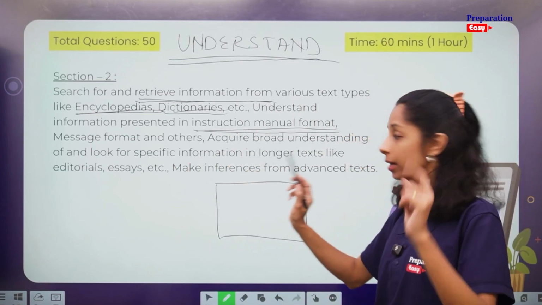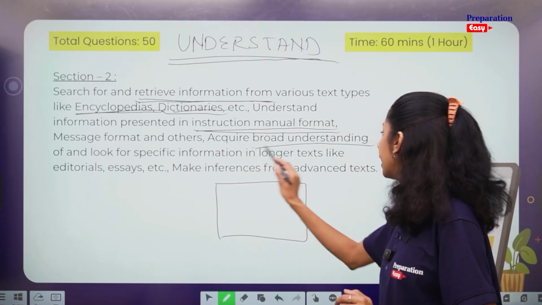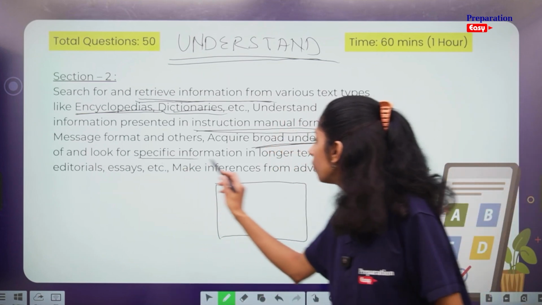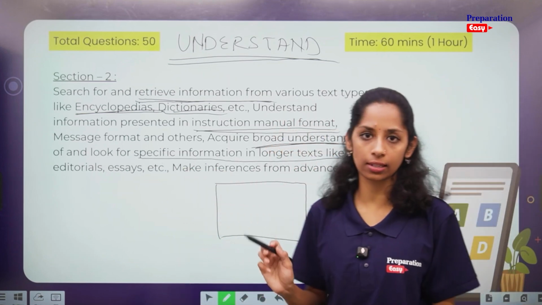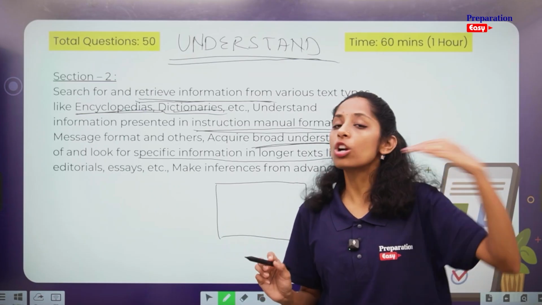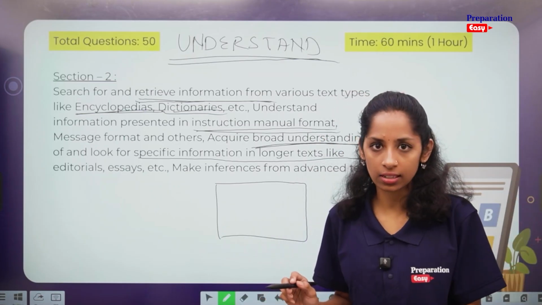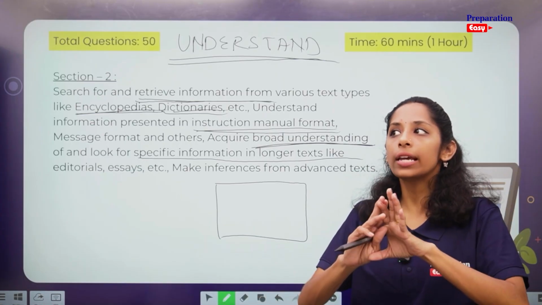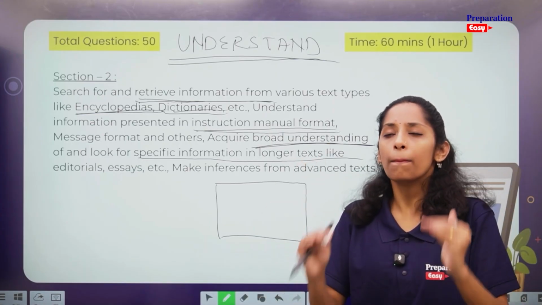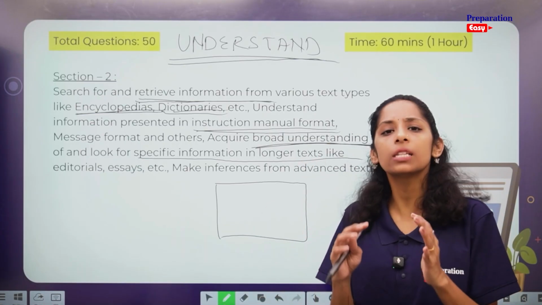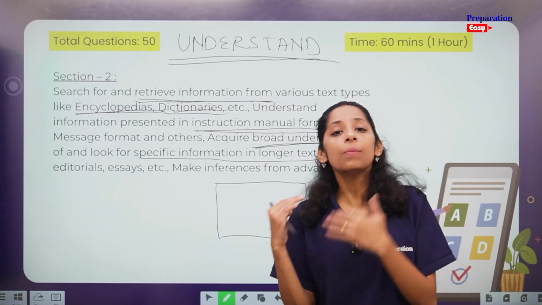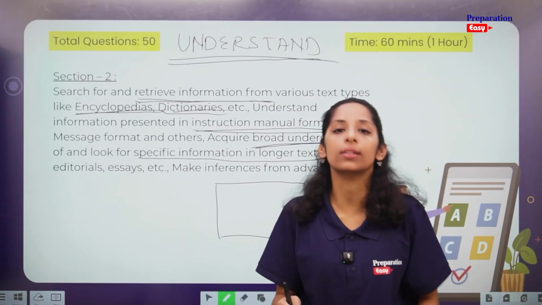Then acquire broad understanding. Broad understanding of what? Specific information in longer texts. It is not just reading longer texts. We are going to acquire the broad understanding. Like if something is mentioned in an editorial or essay, the exam is asking how much you understand.